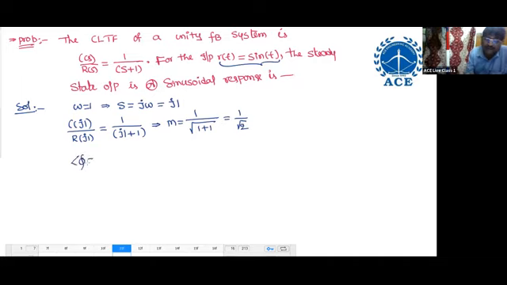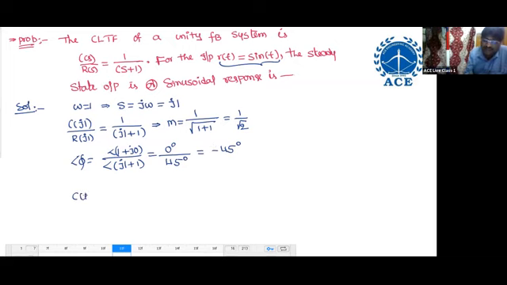Get the phase angle: angle of 1 by angle of j1 plus 1. Here 1 means 1 plus j0, tan inverse of imaginary by real, 0 by 1 means 0 degrees. For j1 plus 1, tan inverse of 1 by 1 means 45 degrees. So that means minus 45 degrees.